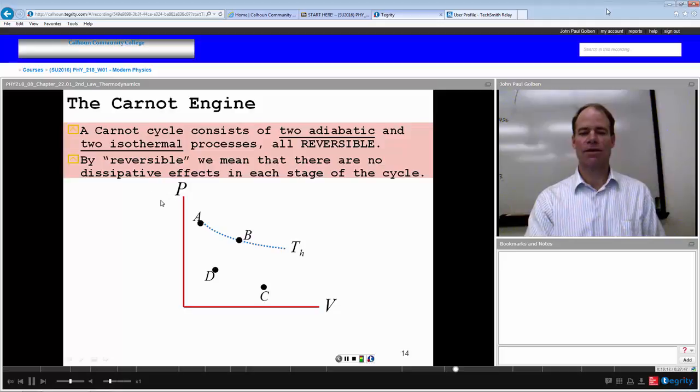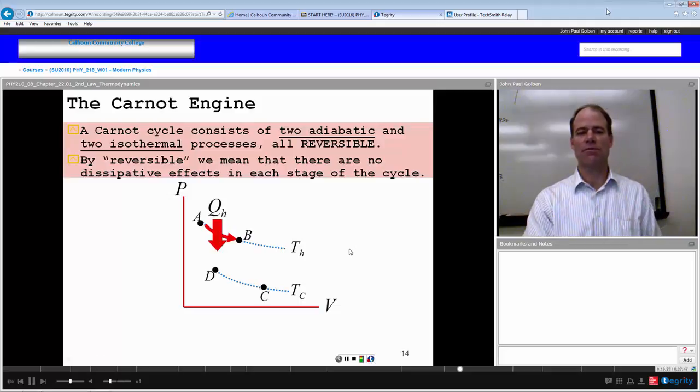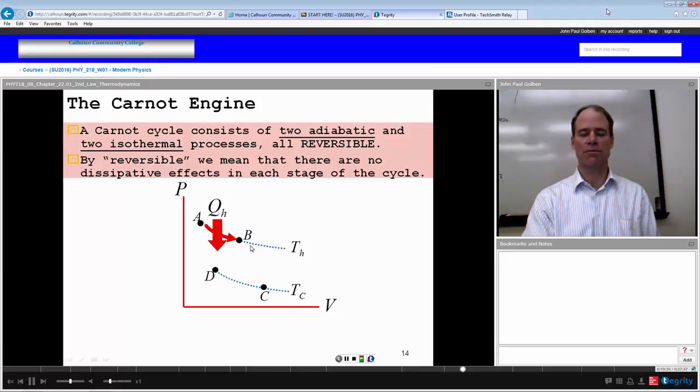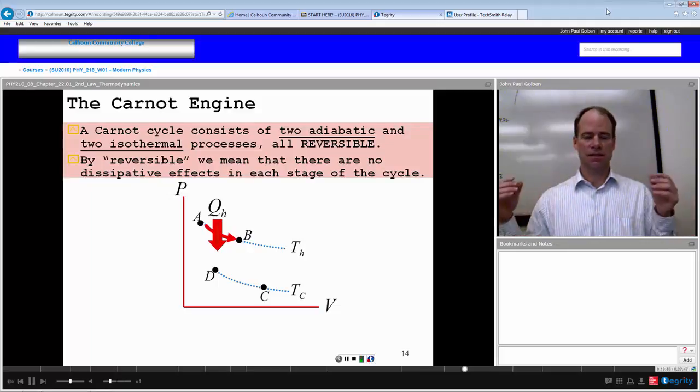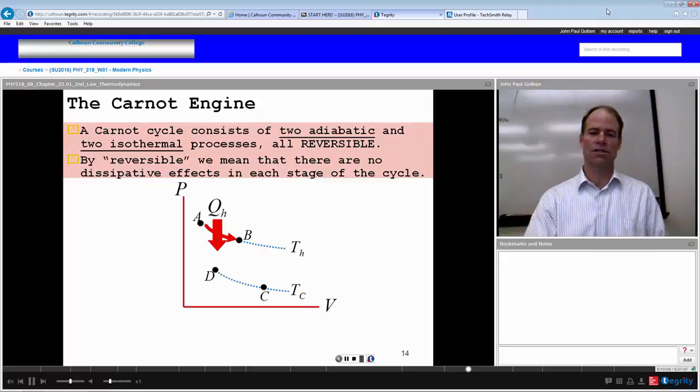We have an isothermal process at our hot temperature from A to B, and an isothermal process at our cold temperature from C to D. As we go from A to B, we might take in heat because we are actually expanding as we go from a lesser volume to a greater volume. So this engine is doing work. And so to maintain the same internal energy state at the same temperature, we'll have to take in energy. So we take in heat energy during this process.